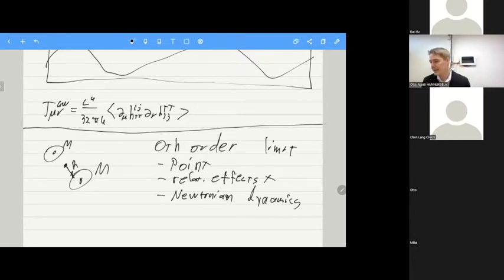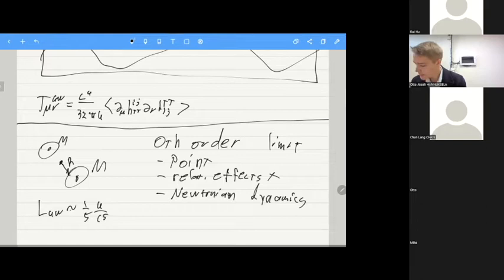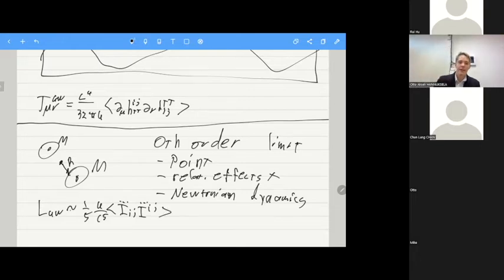Then what you end up getting is that the gravitational wave emission is approximately 1/5 G over c to the power of 5, where the Iij is the moment of inertia tensor.